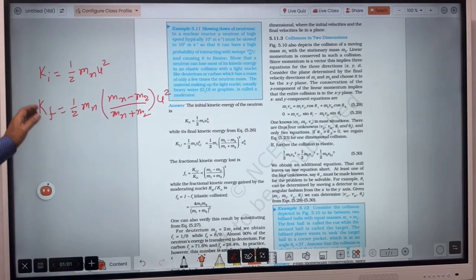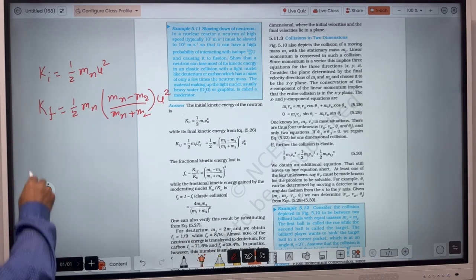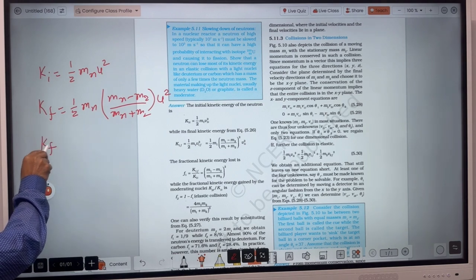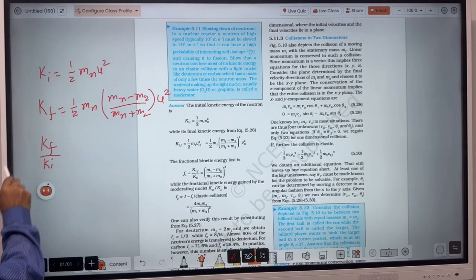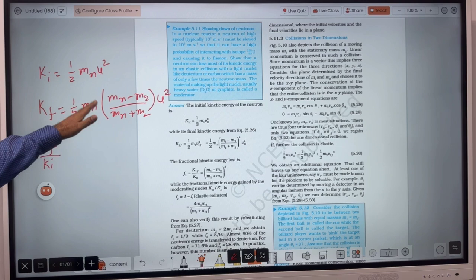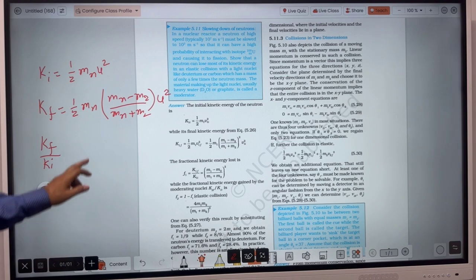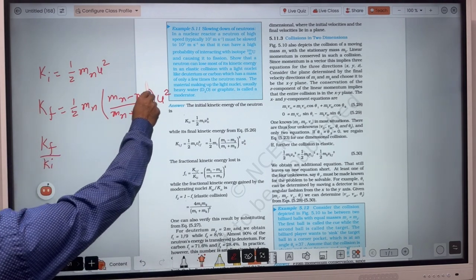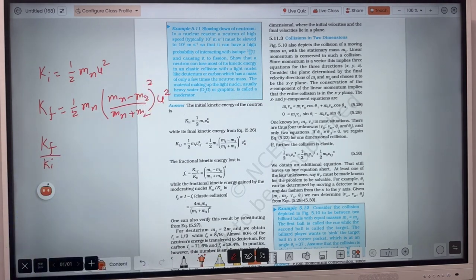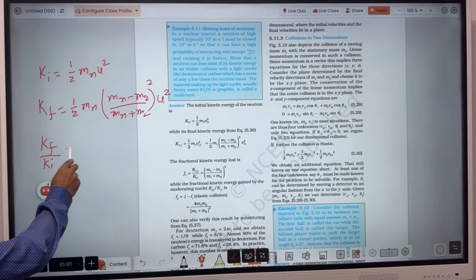So here obviously there is energy loss. So we have to find out the fractional energy loss. So we can find the ratio Kf divided by Ki. It is simple, you can put these values and you will get a fraction. So what do we get then?